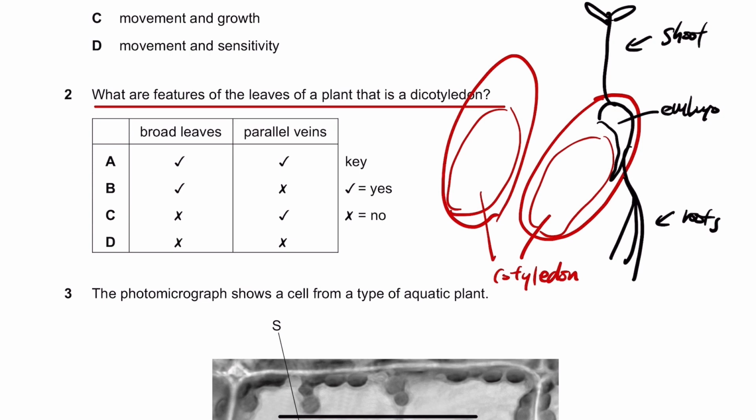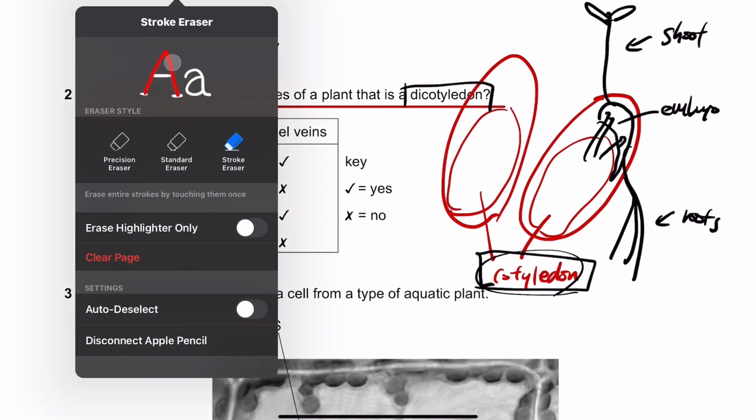The embryo has to receive food in order to grow, and that is provided by cotyledons, and actually also by an endosperm. But at this stage, you guys don't have to know about the endosperm. You just have to know about the cotyledon. So the plants that have 2 cotyledons are called dicotyledonous plants, and they have a few things in common.